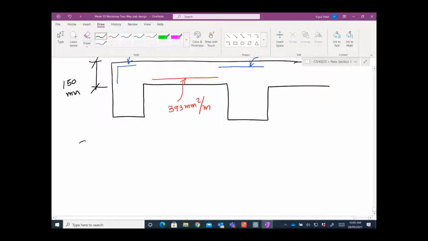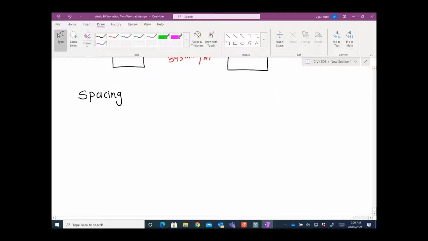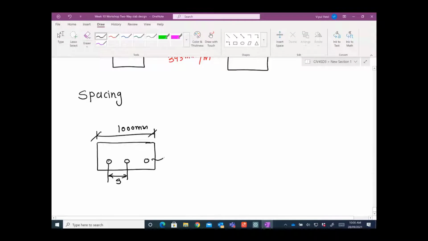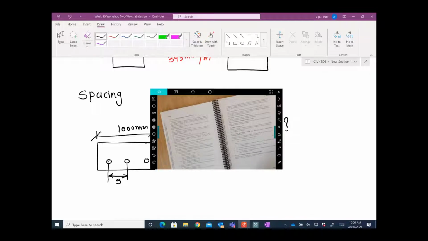There is an equation, by the way, to calculate the spacing. In case you want to calculate the spacing, if you remember one of my videos, one-way slab one. Let's say you know the area, and you need to calculate the spacing. You know this is 1000, right? Because we assume a 1 meter wide strip, and we are using N12 bars. We are interested in calculating S. Now what is the area of 1 bar N12?